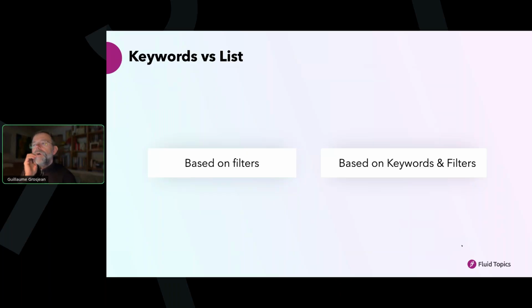A few words if you want to create lists based on filters, or based on keywords plus filters. In this slide, I show you examples that are built using search results. For example, these ones.